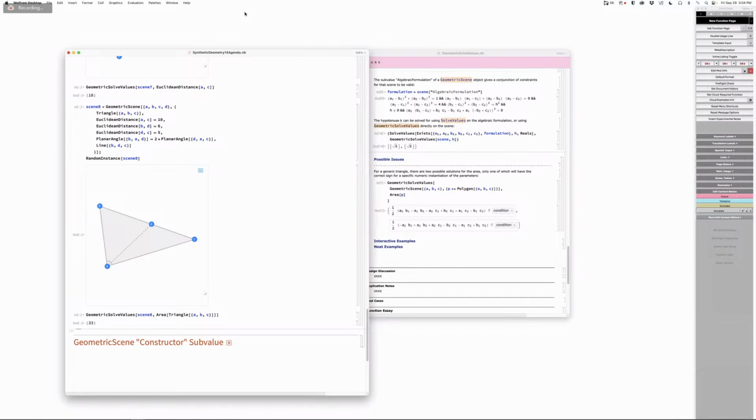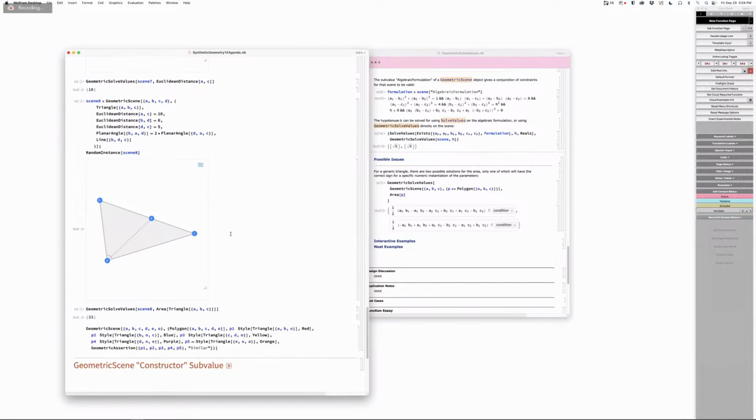Right. So if you are talking about running geometric solve values on a fully specified geometric scene, so the one that actually has the picture drawn, then it's just a straightforward rule replacement.